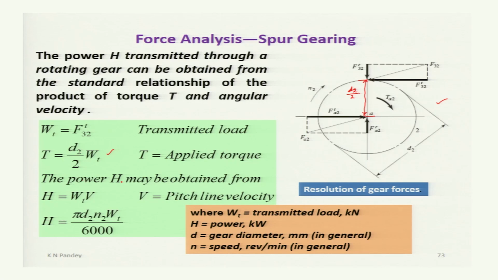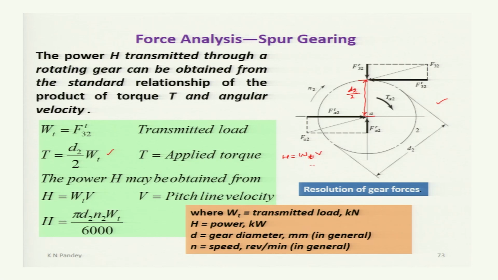Now the power H which this system is transmitting can be obtained from the formula. The power H is equal to the transmitted load Wt multiplied by pitch line velocity.